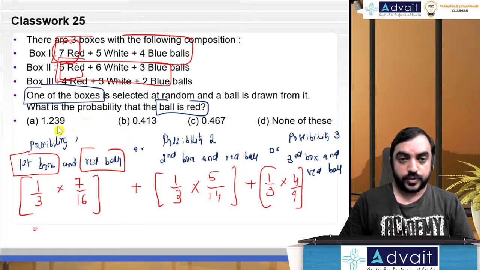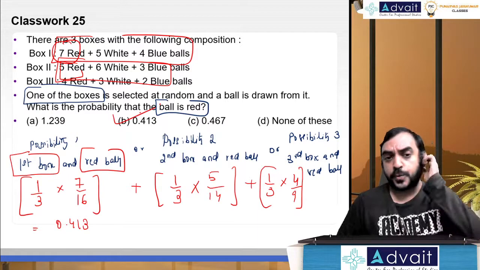I'll just do it once more. 1 by 3 into 7 by 16 equal to M+, 1 by 3 into 5 by 14 equal to M+, 1 by 3 into 4 by 9 equal to M+, MRC. 0.413, right? I think you're getting 0.413. Please check if the number is correct. Option B is the answer.